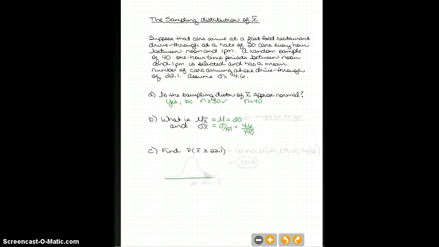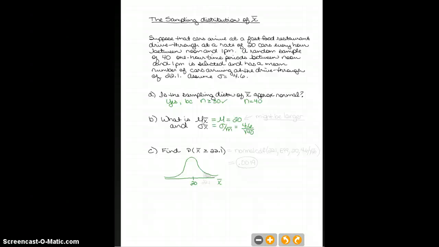So if we now know that the distribution of X bar is approximately normal, we can draw this normal curve for X bar. The mean is in the center. It's 20. If we want the probability, the question may be worded something like this: what's the probability that a simple random sample of 40 hour time periods results in a mean of at least 22.1 cars?